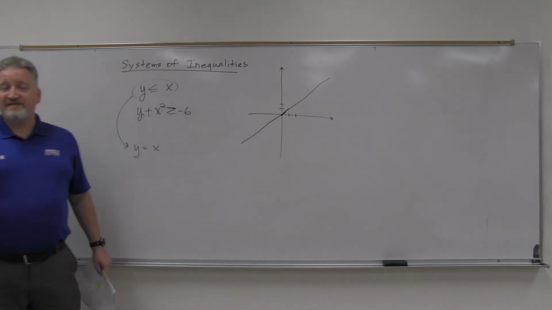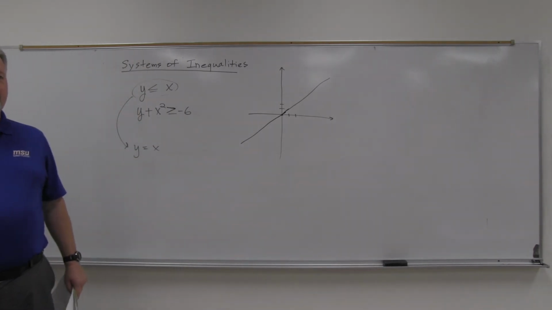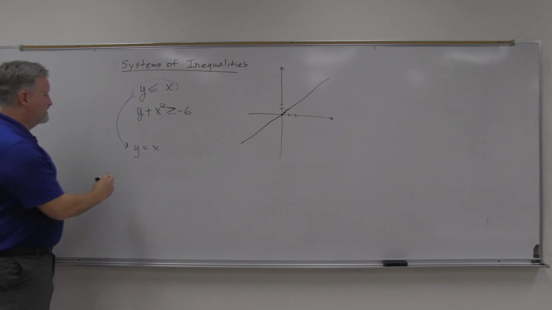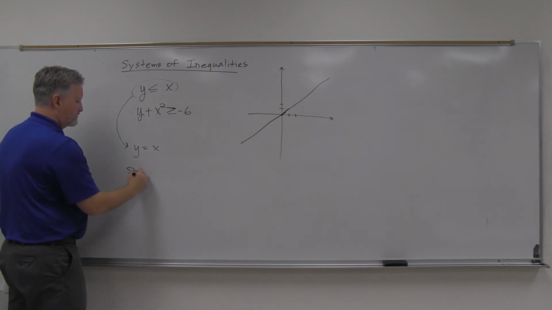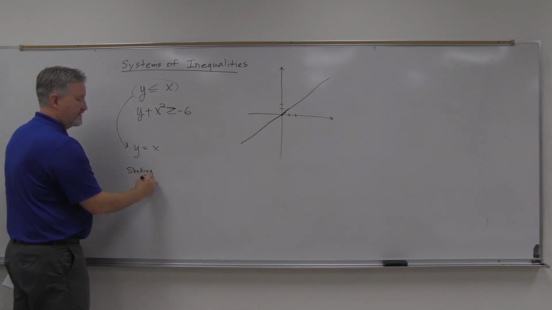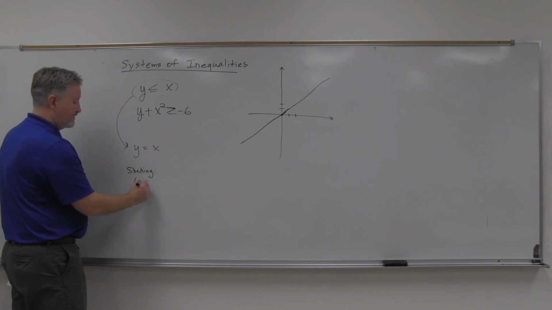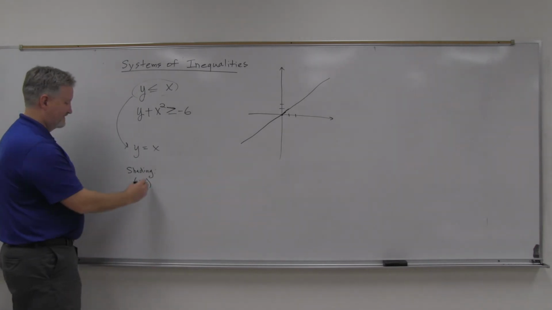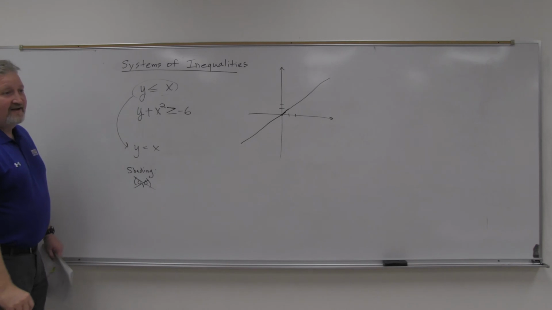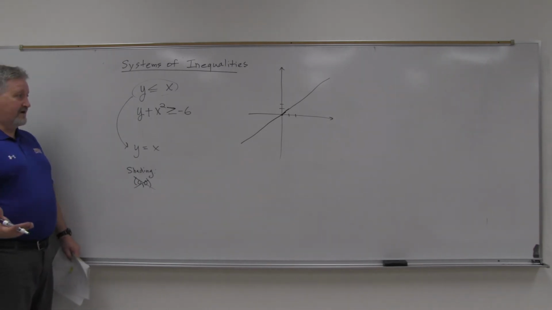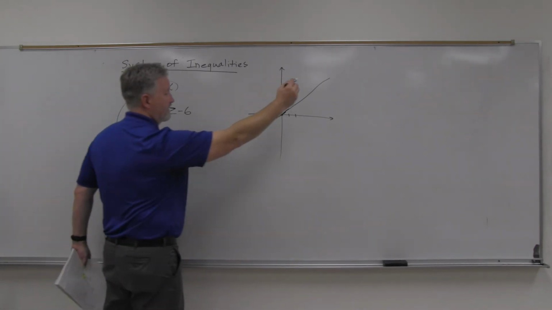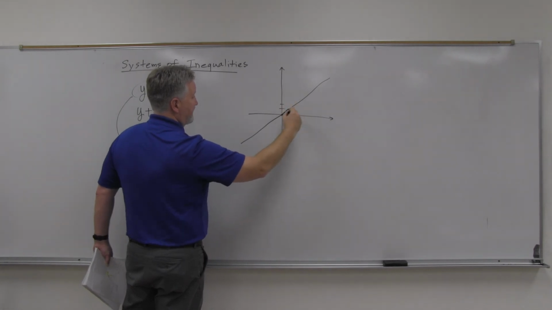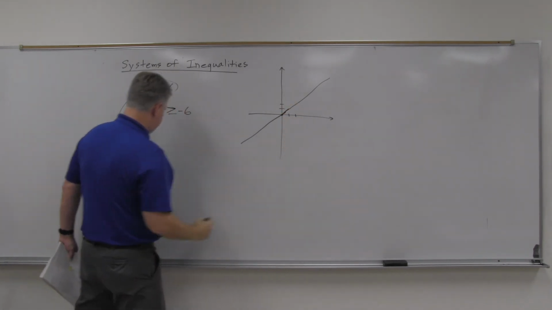Now, as far as shading this one, the 0, 0 is not a good one to check. Why not? Because it's right on the line. So go to a different point, it doesn't matter, just some point not on the line. 0, 0 is on the line, so we can't use it. So what about 1, 0?